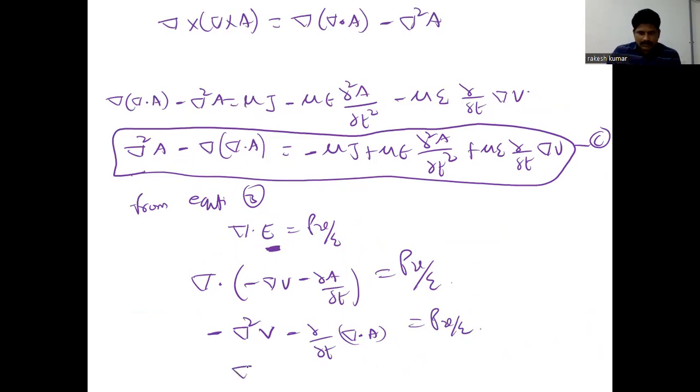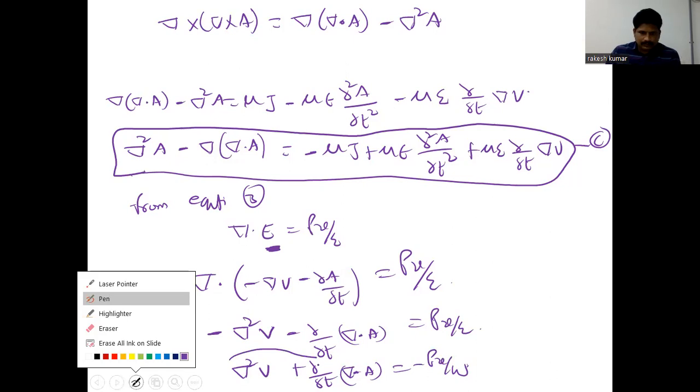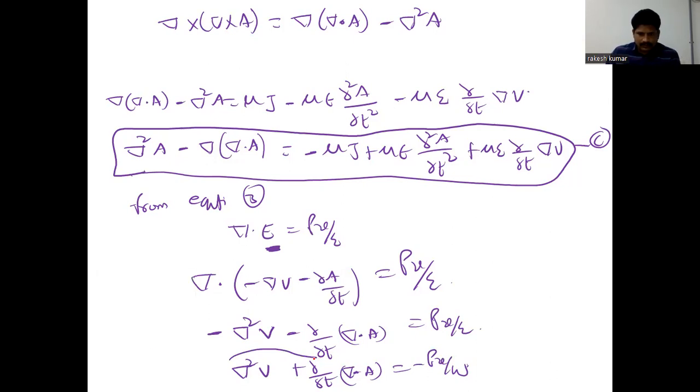From this, del square V plus del by del t of del dot A is equal to minus rho V by epsilon. So this is expression C.